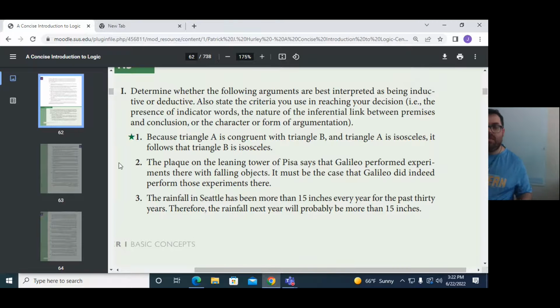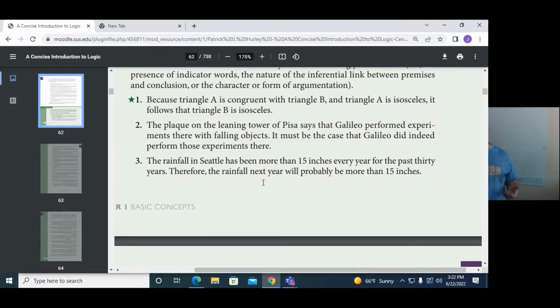Okay, so the second one, the second argument. The plaque on the Leaning Tower of Pisa says that Galileo performed experiments there with falling objects. It must be the case that Galileo did indeed perform those experiments there. Don't think about it too much. So, do you have anything here that indicates that this is either deductive or inductive?